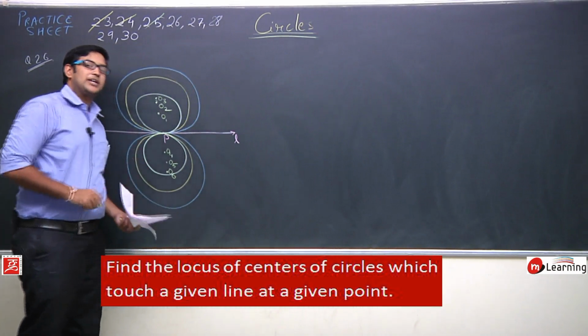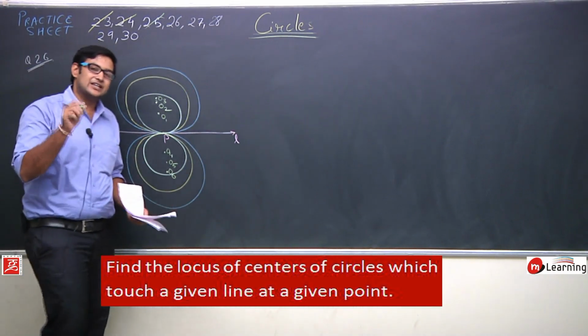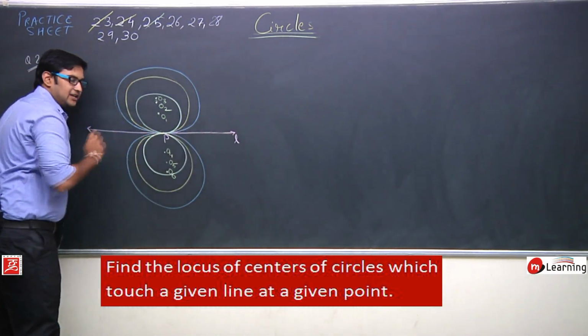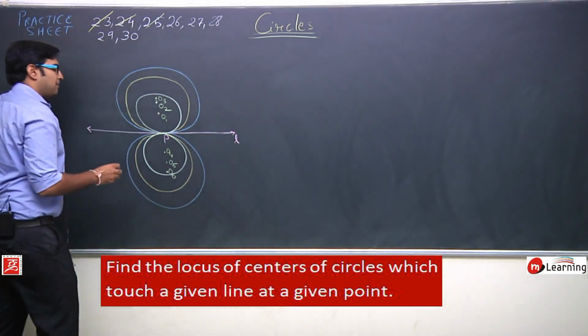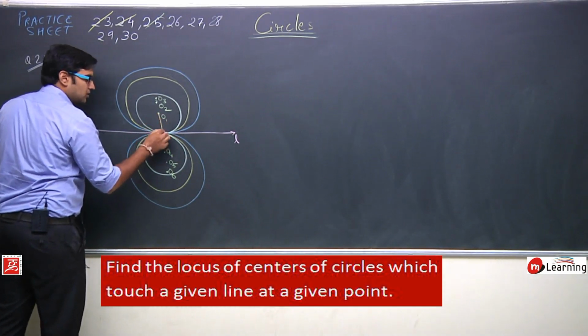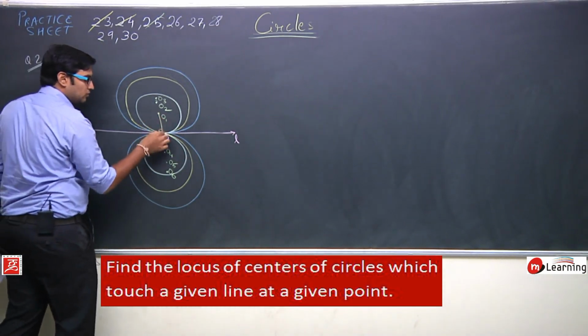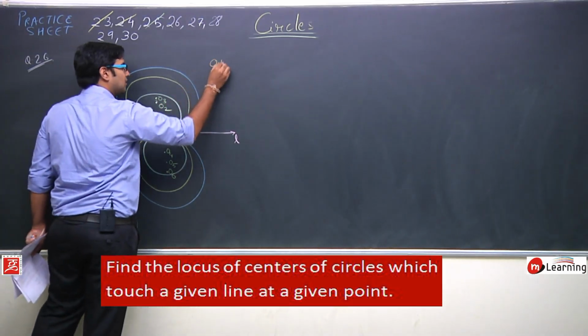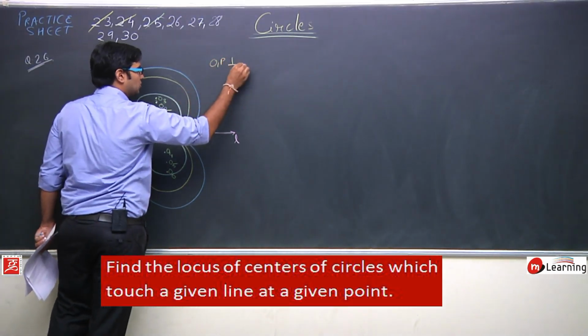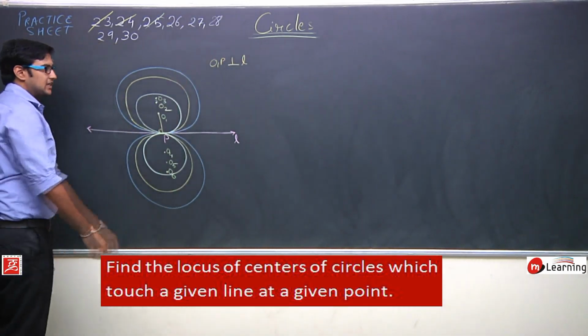This P is a point of contact of these circles and this line L. So can I say, if I draw a line from this O1 to this P point, this O1P will be perpendicular to L. Can I say this condition?